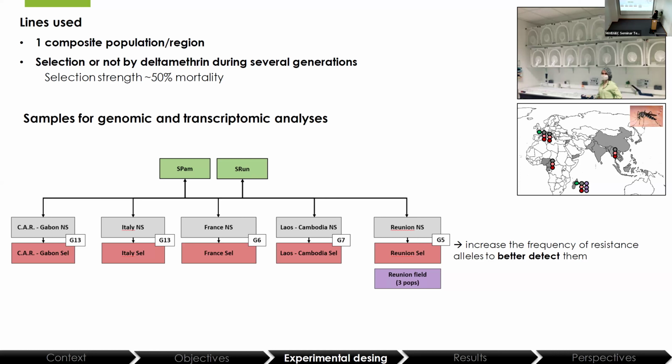And for each region, I have samples from the non-selected line and the selected line. And for La Réunion Island, I have also field populations. So here you can see that the number of generations of selection is different for each population because we didn't resave them at the same time.